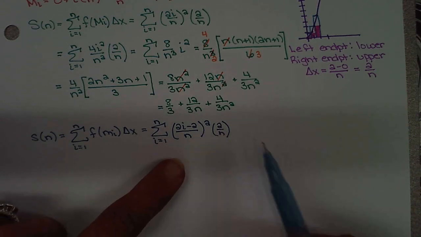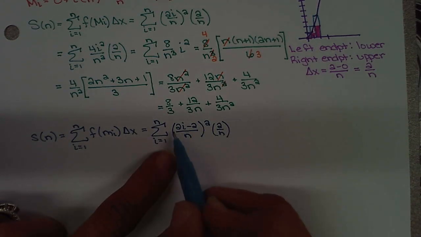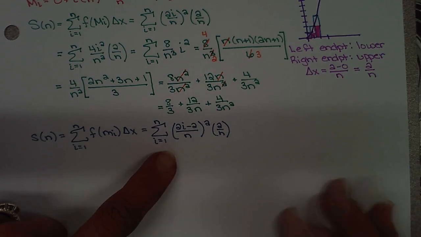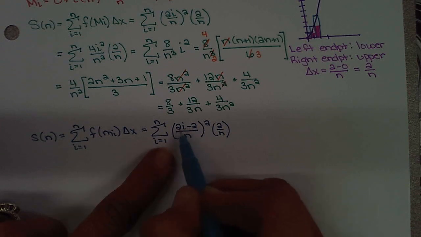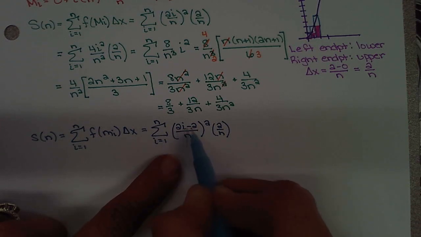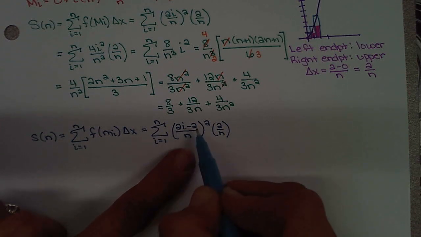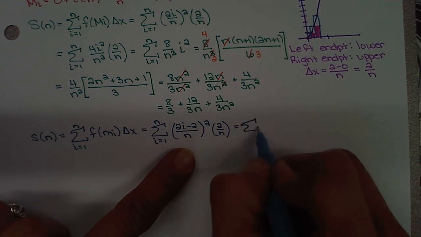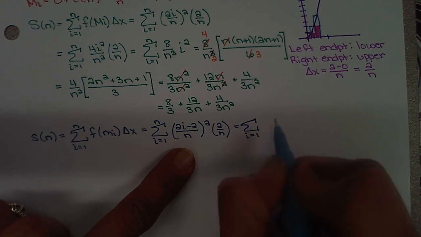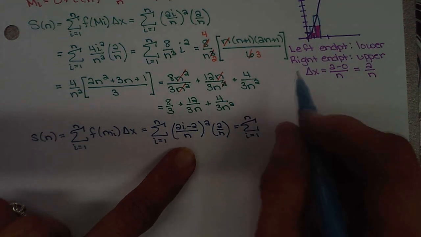Then what I'm going to do with this one, and actually I had distributed this too, but I'm actually going to go and take it out, because what's going to end up happening is if I take this 2 back out again, I could actually leave this term here as a summation of I equals 1 to n.